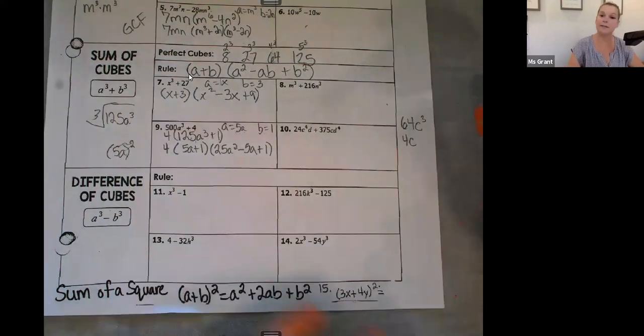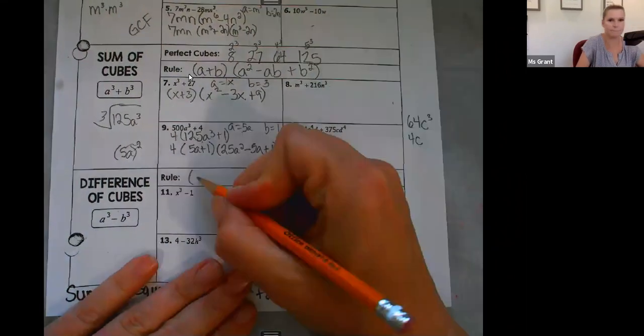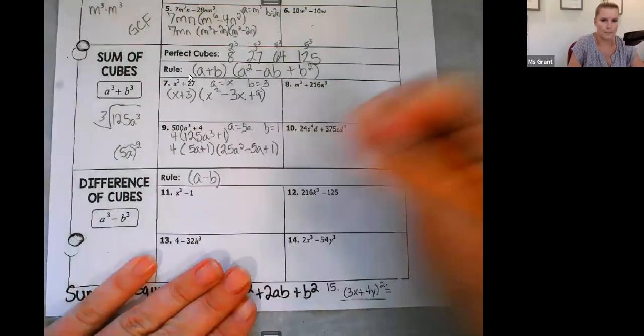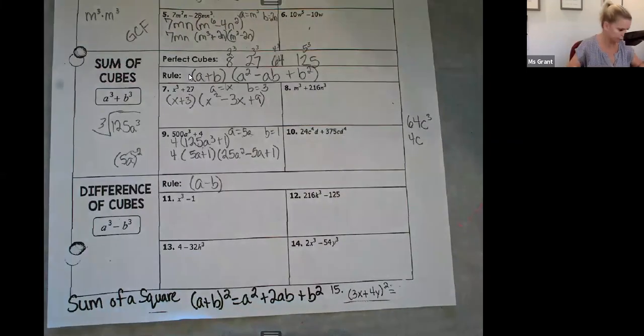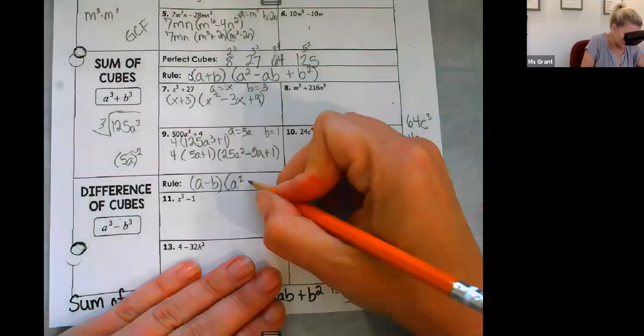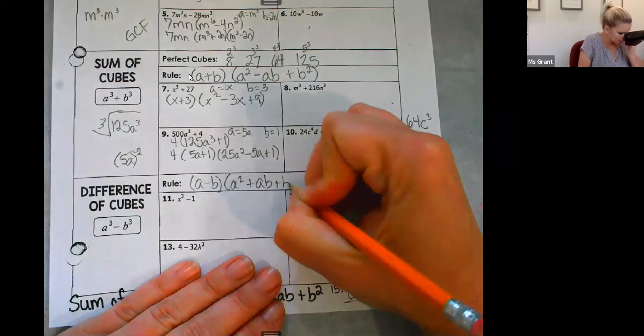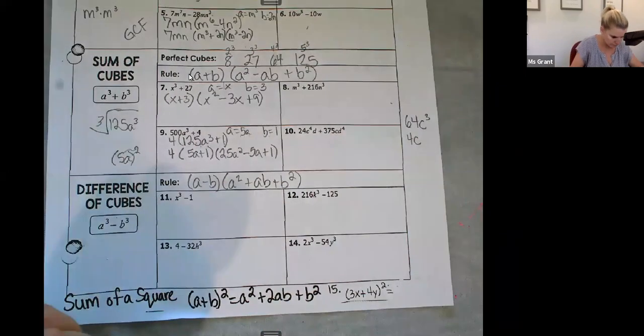Number 11. Difference of cubes. a minus b, then a squared plus a times b plus b squared. So the subtraction sign is switched. Okay, look at sum and difference of cubes.